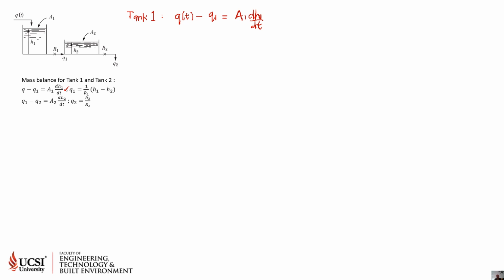So I can rearrange these equations by substituting Q1: Qt minus (H1 minus H2) over R1 equals A1 dH1 over dt. I label this as equation number 1.